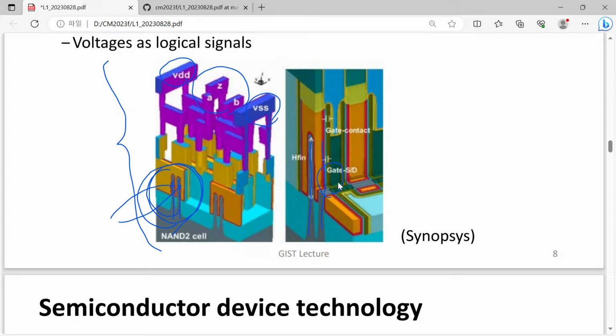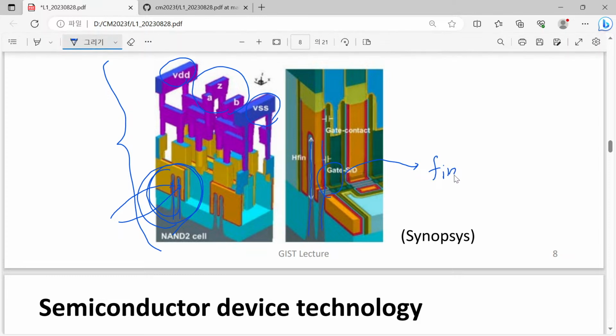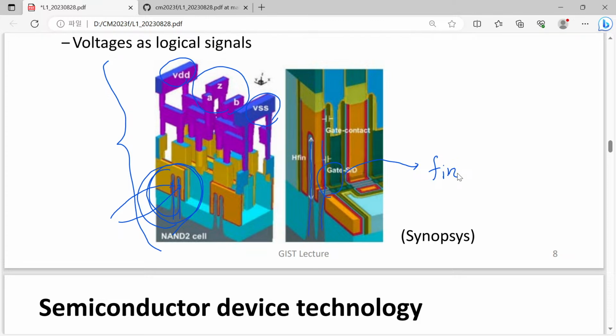This one is intentionally eliminated to improve the visibility. And you know that this vertical stick is called a fin. So the structure called a fin is important for this device.